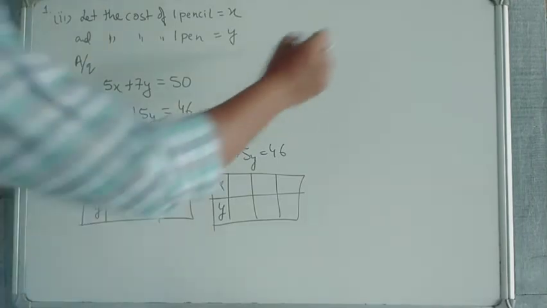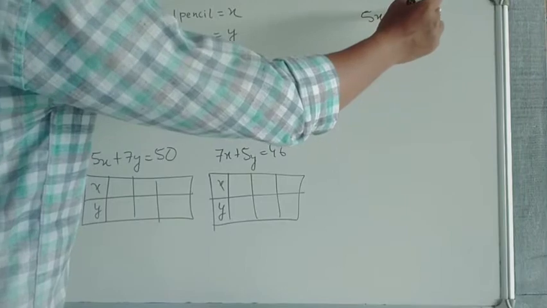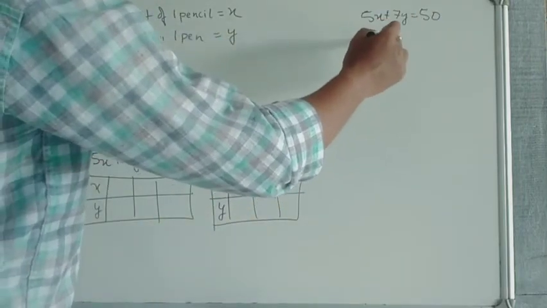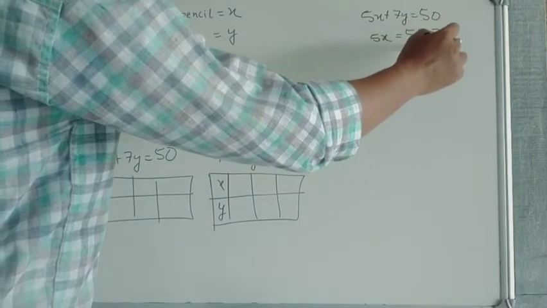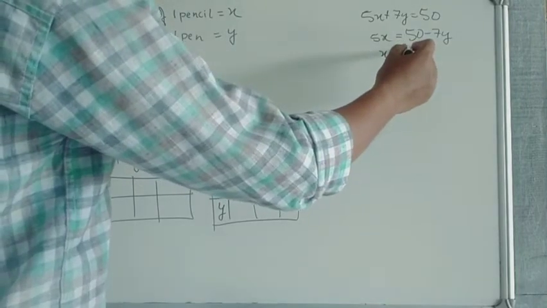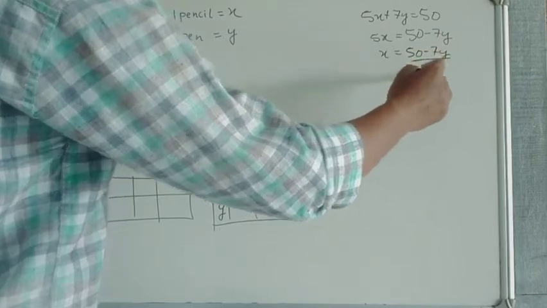So we make 5x plus 7y equal to 50. Any one thing you bring to the other side: 5x equals 50 minus 7y, so x equals 50 minus 7y by 5.